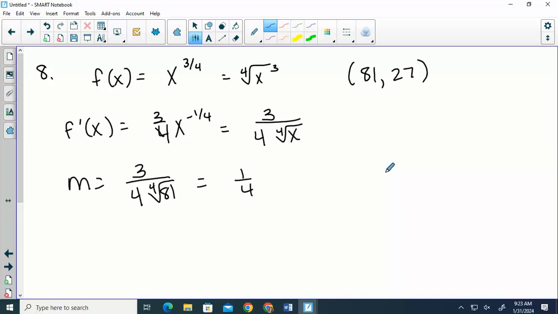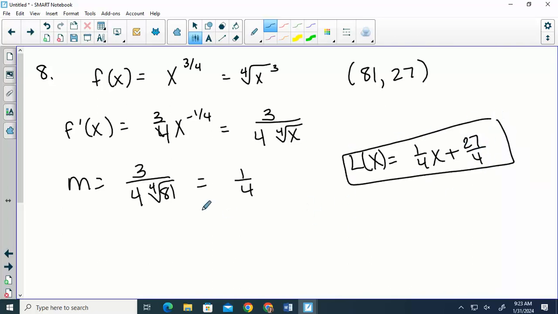All right, so if you do that, we get the linear approximation to be 1/4 x plus what? So now we can approximate it. This equation was just x to the 3/4, so we can put in the 83.